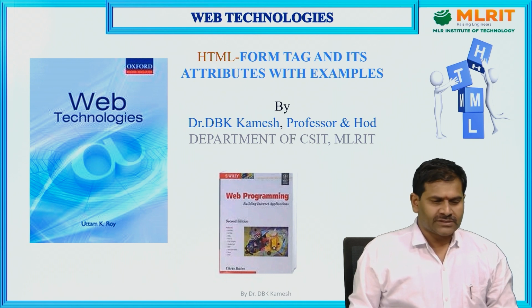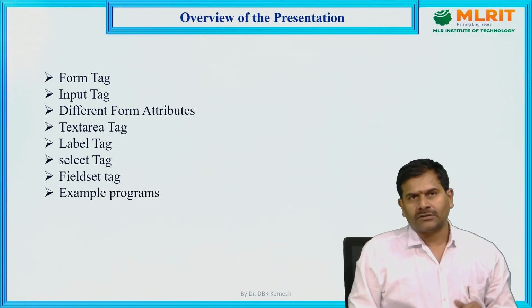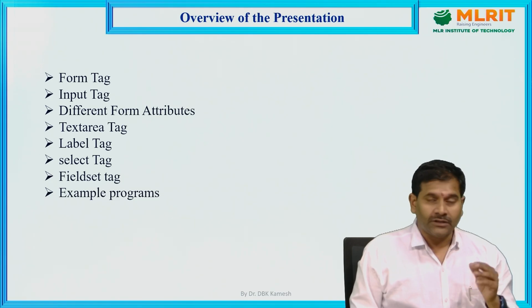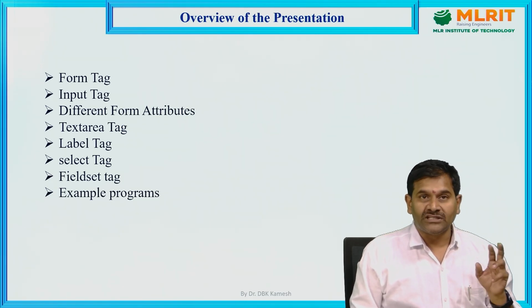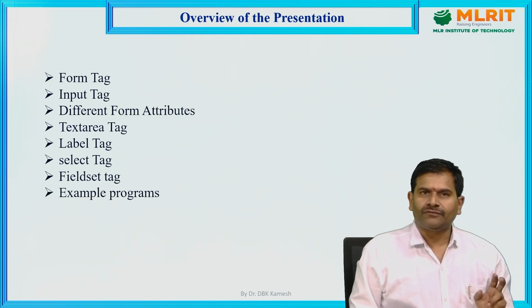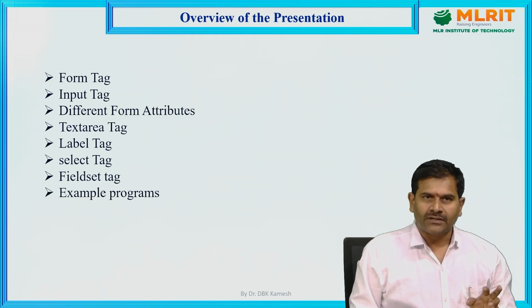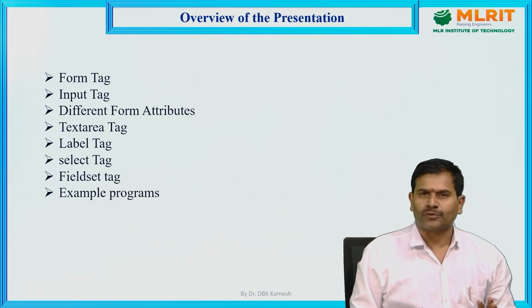Previously we have already covered many tags. Now in this presentation we will cover the form tag, input tag, different form attributes, text area tag, label tag, select tag, fieldset tag, and example programs.